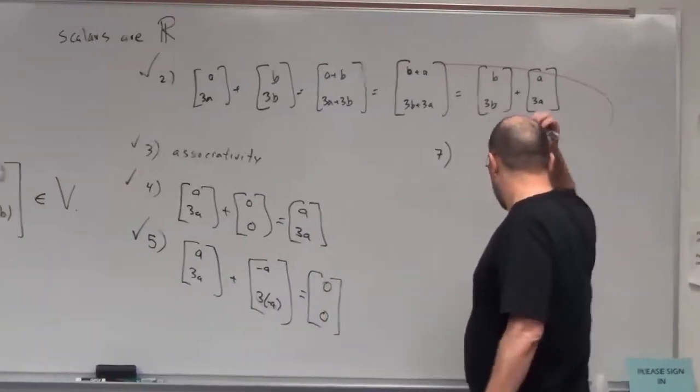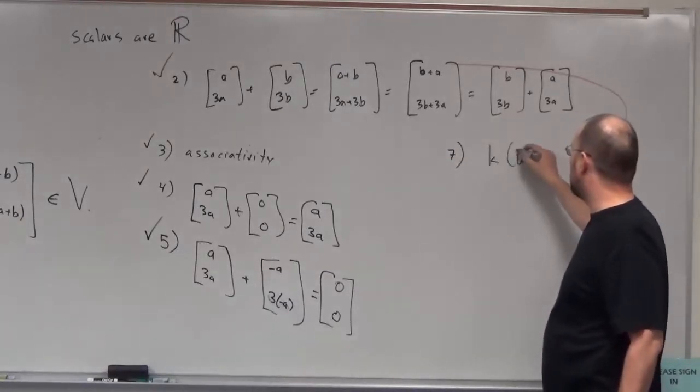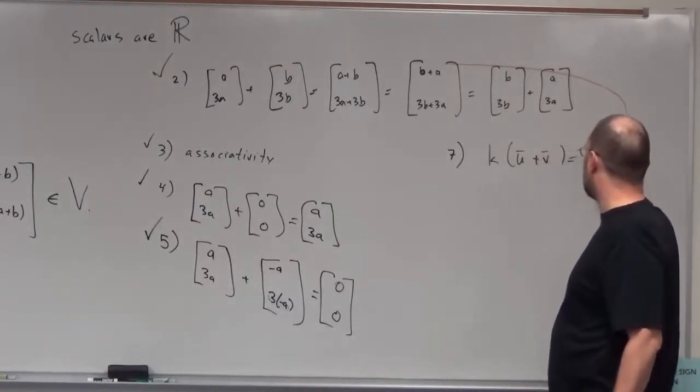So the 7th one was distributivity. So scalar times u plus v will give us this.